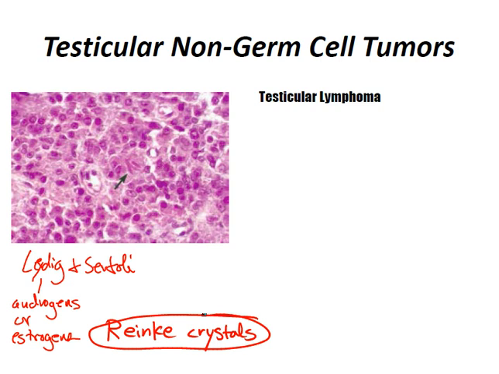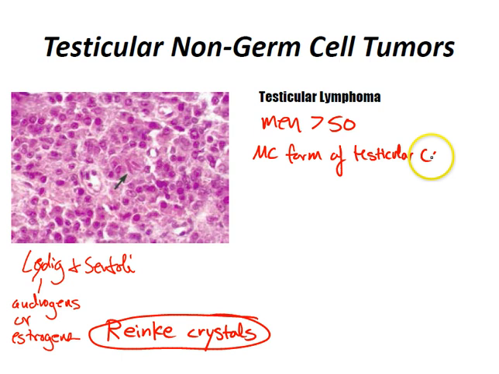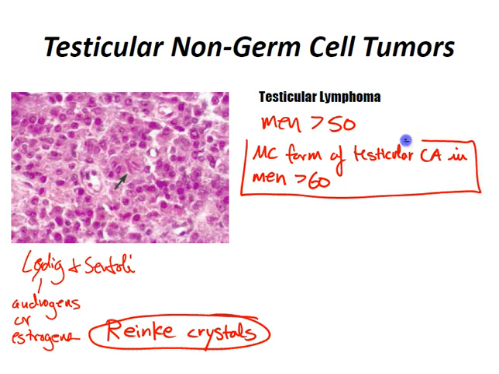What about testicular lymphoma? Overall, this is a rare cause of testicular cancer, but is generally found in men greater than 50, and is the most common form of testicular cancer in men greater than 60. That is important.